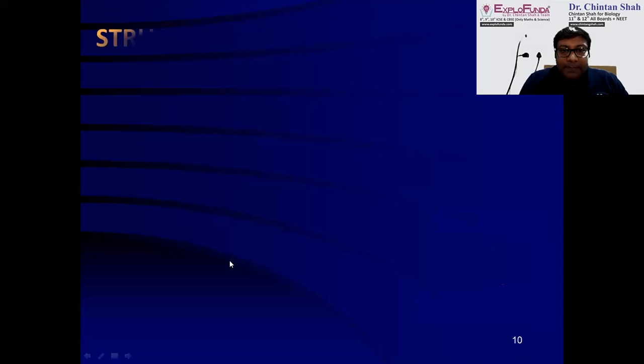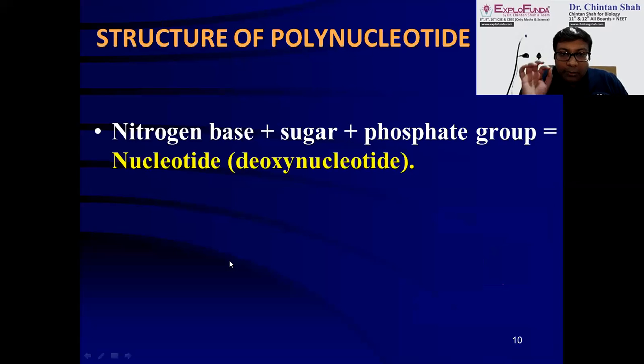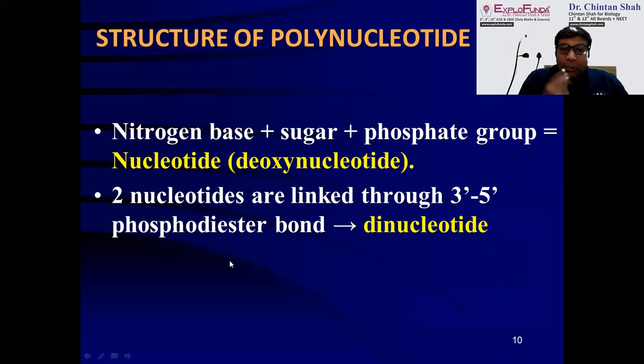Okay. Now, nitrogen base plus sugar plus phosphate group. If phosphate is added, then it is known as a nucleotide. Two nucleotides linked with each other with the help of a phosphodiester bond will give rise to a dinucleotide. Now, the question is, sir, what do you mean by the 3' and 5'?